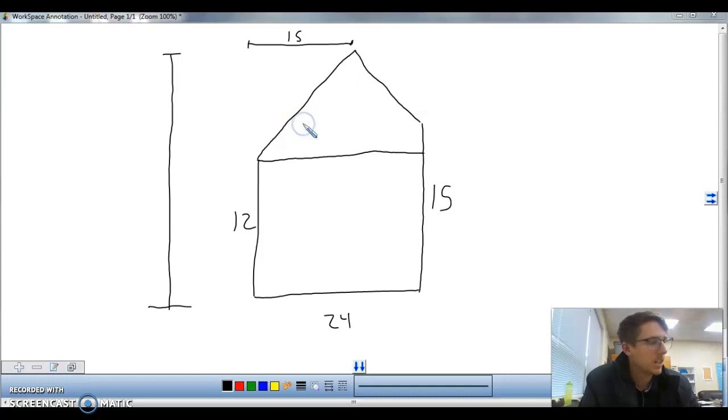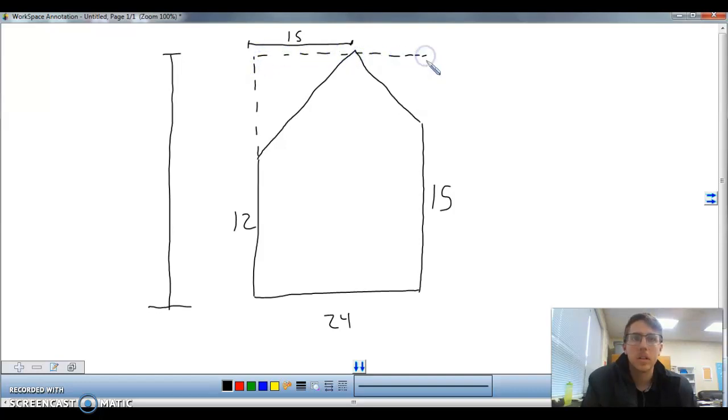Now, somebody else today thought of this a different way, which is great. They turned it into a rectangle. Okay. They knew it was a total of, I believe it's 22 here.